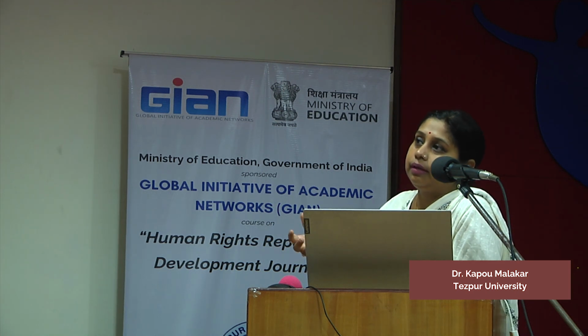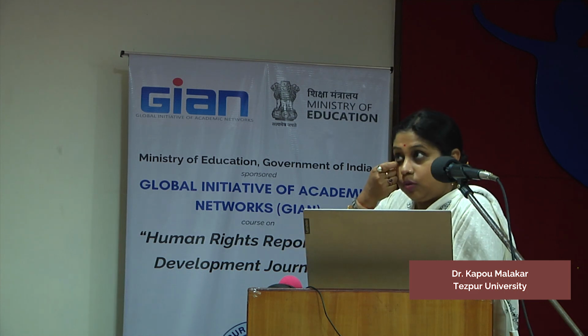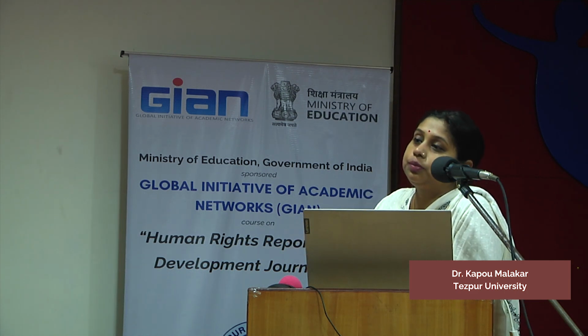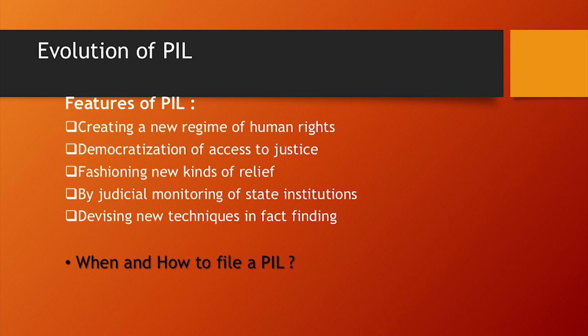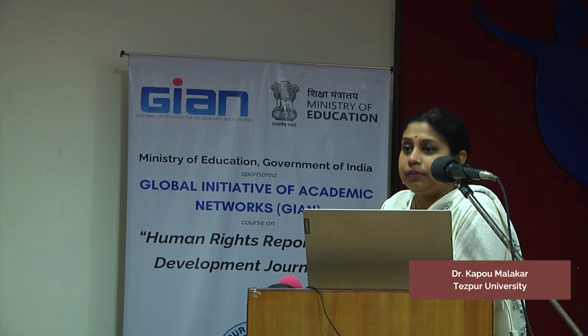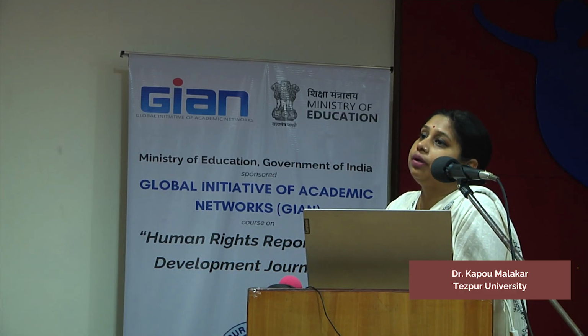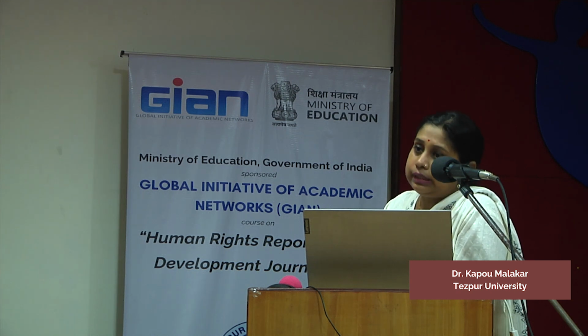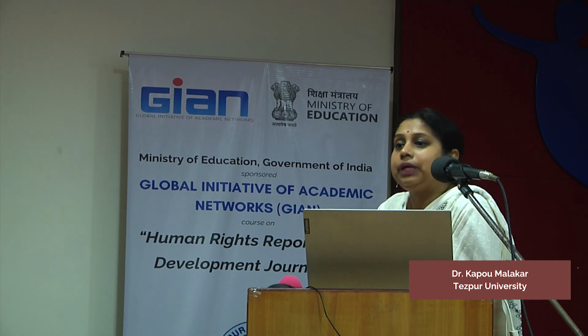Many a time the government and the court also come up with orders to improve the condition of juvenile homes, asylums, and shelter homes. So that's how they monitor the state institutions, and that is possible even through PIL.